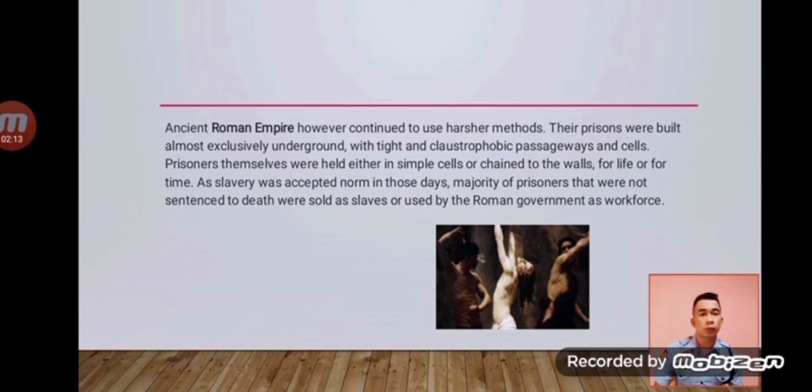So it is common during those ancient times, like the Roman Empire, that if a person offended or committed criminal acts, he would go into the slavery system.